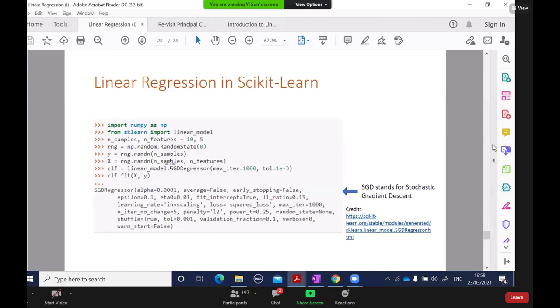But this time, you need to call a different class, SGD regressor, not linear regression anymore. SGD denotes stochastic gradient descent. The optimization method is stochastic gradient descent. There are many parameters you, as the user, need to preset before you use it, so have a look on your own to understand their meaning.